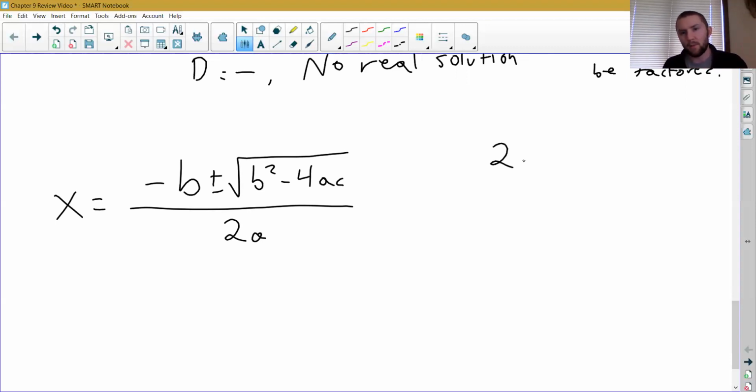For example, if we have 2x squared plus 5x minus 4 equals 0, and I want to find the solutions, I would simply plug a, b, and c into this formula, okay?